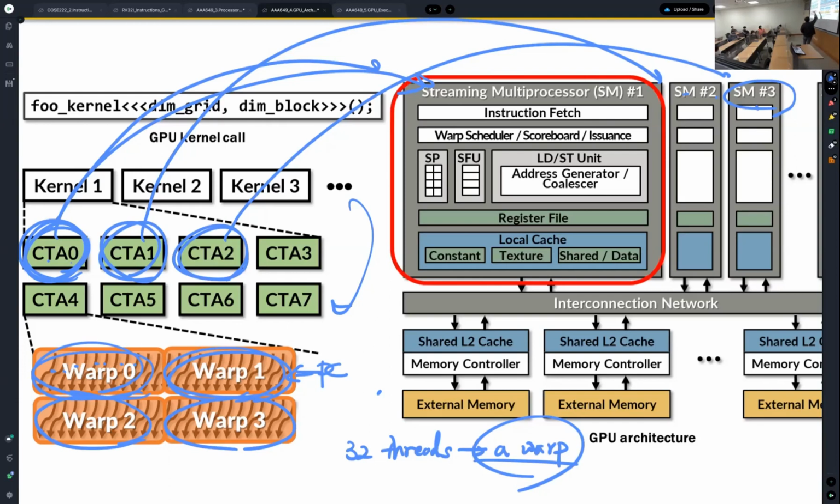But inside a warp, each thread shares the same PC because the instructions are the same. So each warp executes the same instruction, but the data is different. So it's similar to SIMD. Instructions are the same, the PC is the same.